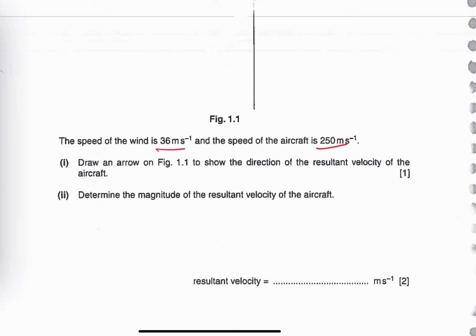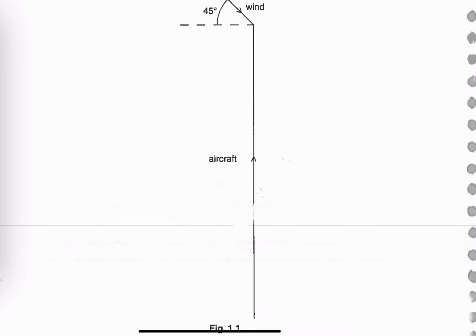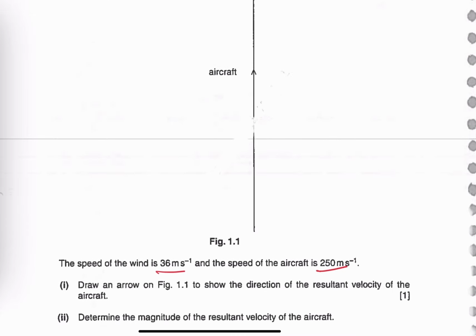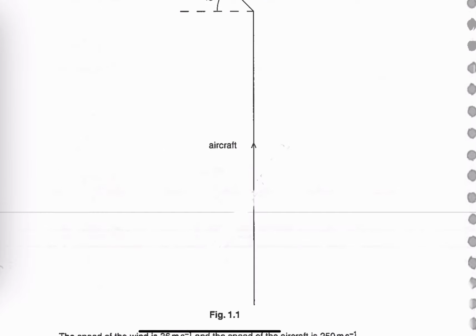Just for the guideline, what we have to do first, we have to draw the direction of resultant force. By the head to tail rule, we have to draw the first vector in the same direction as it is given in the question. Then you have to place the tail of the second vector on the head of the first.